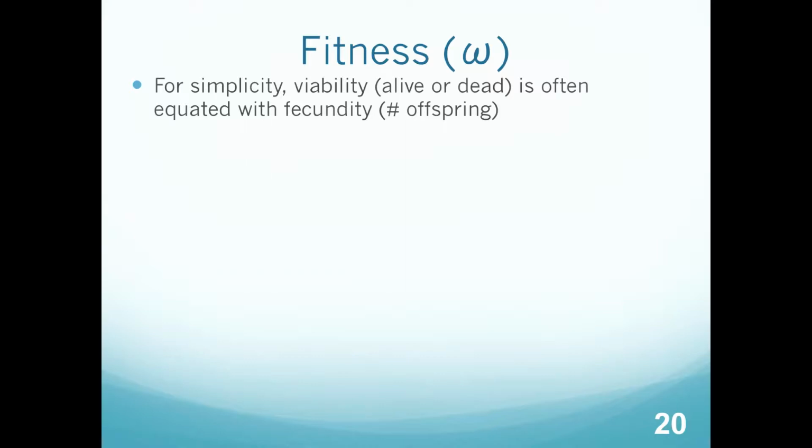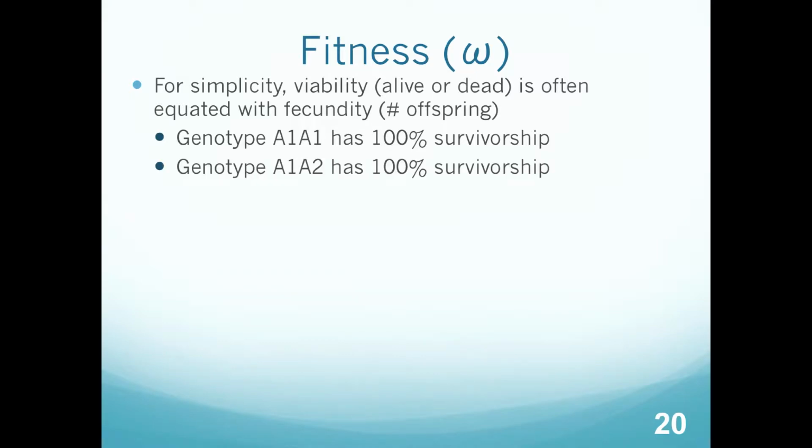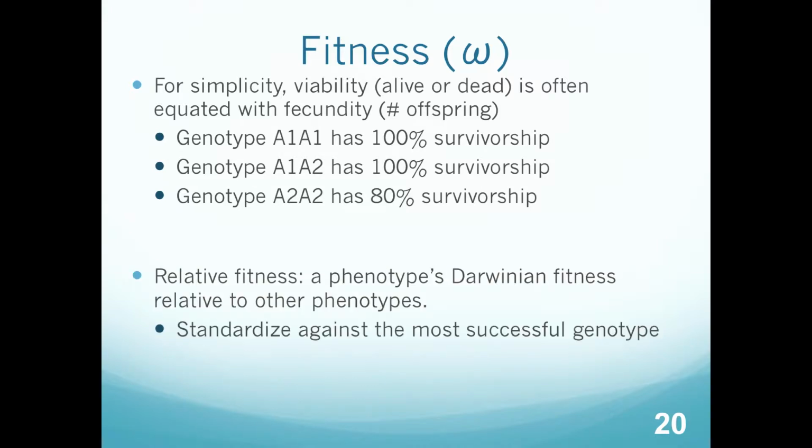And when we're talking about viability selection, we're not talking about the number of offspring being passed to the next generation. We're simply talking about survivorship. And in this case, A1A1 has 100% survivorship, A1A2 has 100% survivorship, A2A2 has 80% survivorship. And when we standardize that to relative fitness, we get A1A1 of 1, A1A2 of 1, and A2A2 of 0.8.